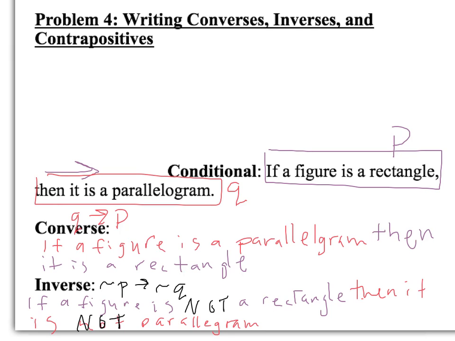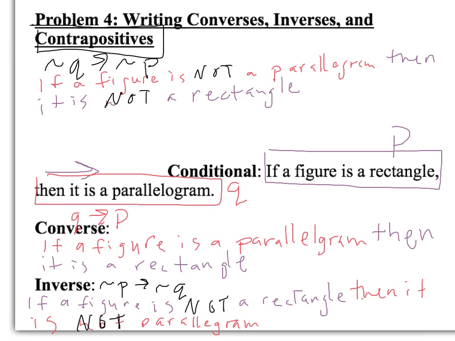And the last one I want you to write out, so pushing pause and trying yourself, is the contrapositive, which is if not Q, then not P. That statement would look like if a figure is not a parallelogram, then it is not a rectangle. And this would be a true statement because all rectangles have to be parallelograms.